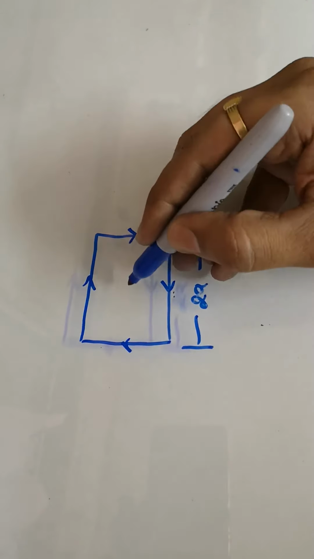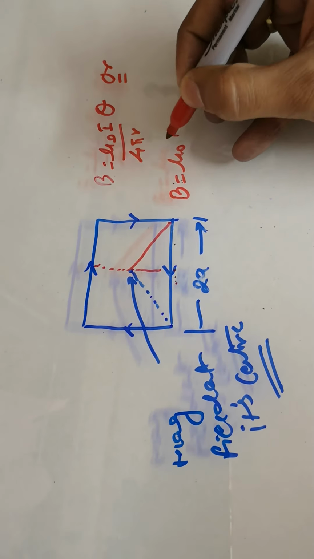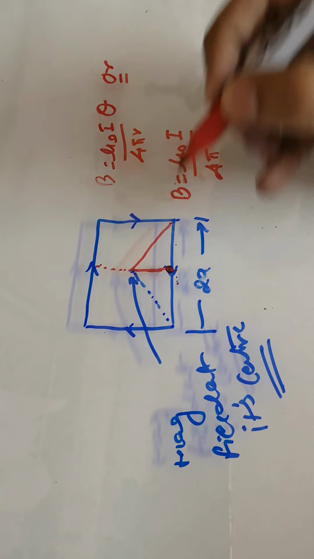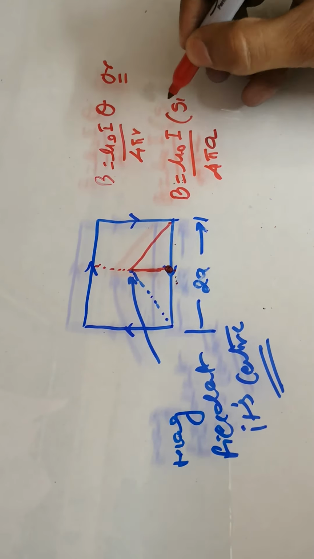You are aware that whenever two parallel wires are there, we use the two parallel wire theory, which gives the formula mu 0 I divided by 4 pi a, where a is the perpendicular distance from the midpoint to the current carrying conductor, times sine phi 1 plus sine phi 2. This is called phi 1, and this is called phi 2. If you are aware of the theory already on our channel, theta 1 and theta 2 are also there, so you can use another formula.